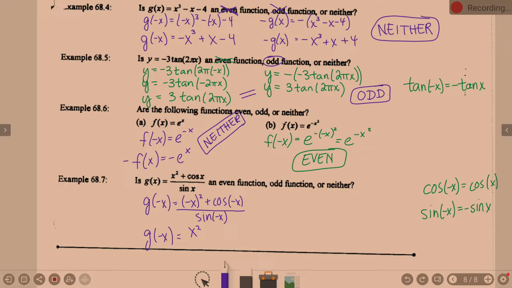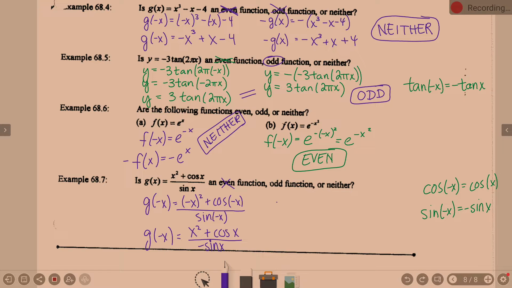Cosine of negative x? Plus cosine x. Over sine of negative x? This one is negative sine of x. Does that match with g of x? Nope, because we don't have a negative in there anywhere, do we?